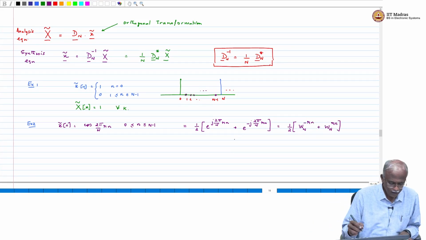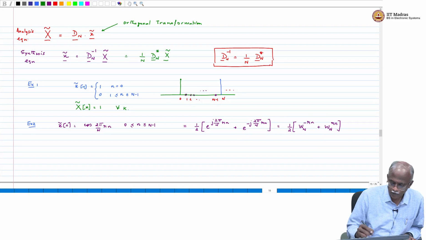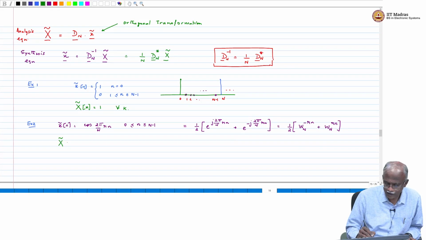Okay, and apply the Fourier series analysis equation, x tilde of k. This will be equal to summation n equal to 0 through N minus 1.